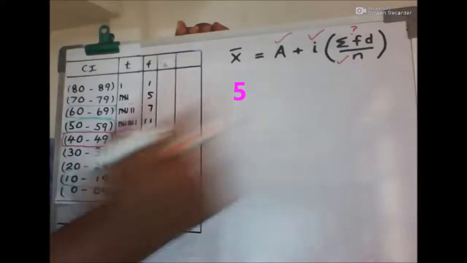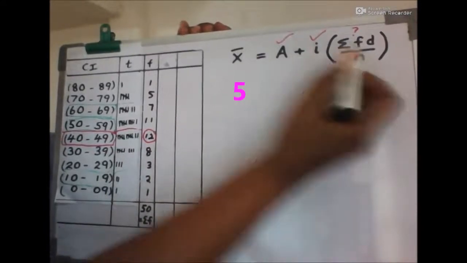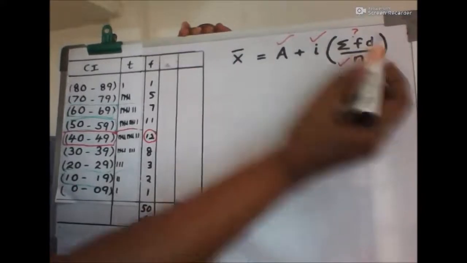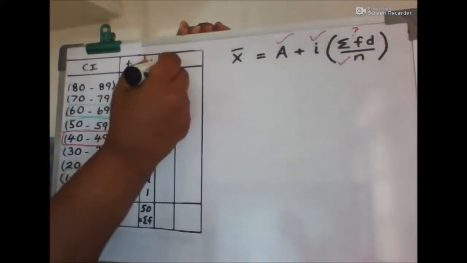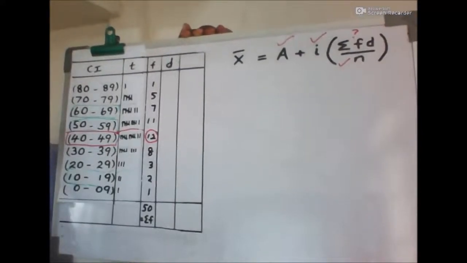Now we are going to this part. We know the frequencies, but we don't know D. So this is the D column. We have to find D. Don't think much about this.